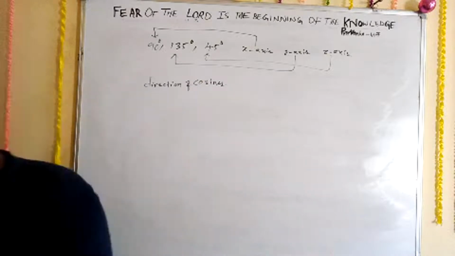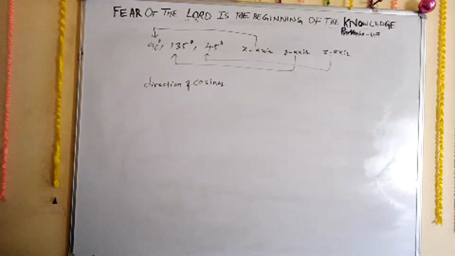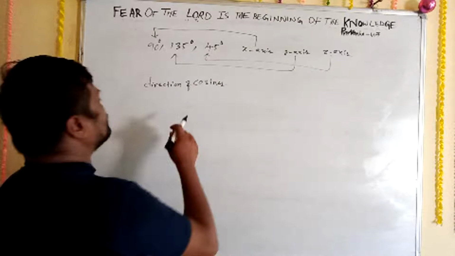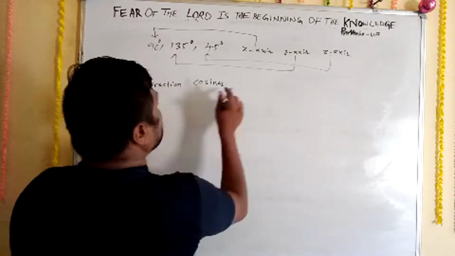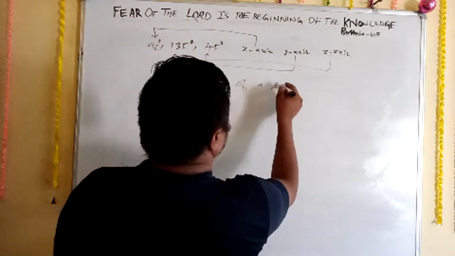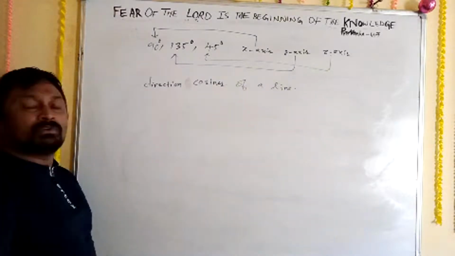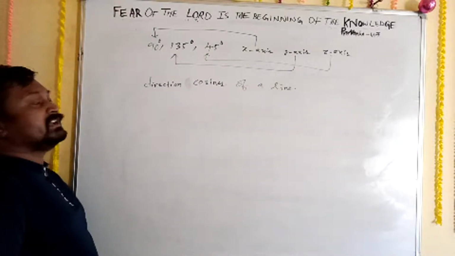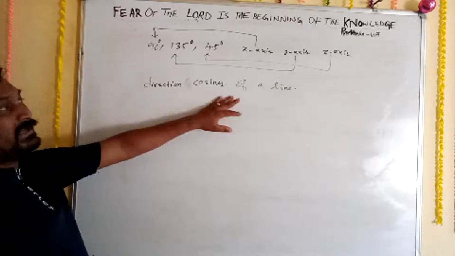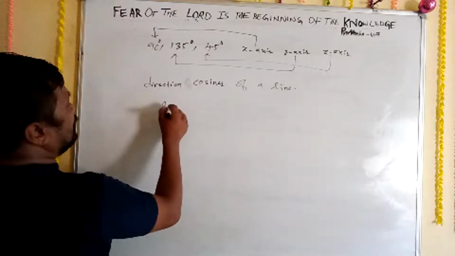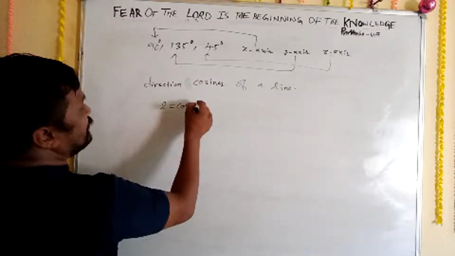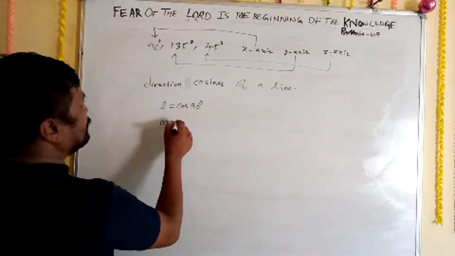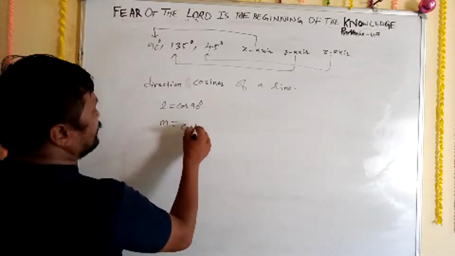So how to find the direction cosines of a line? So how to find it? You already know that if I need to find it, first what is my l? l is nothing but cos 90 degrees. m is nothing but cos 135 degrees.